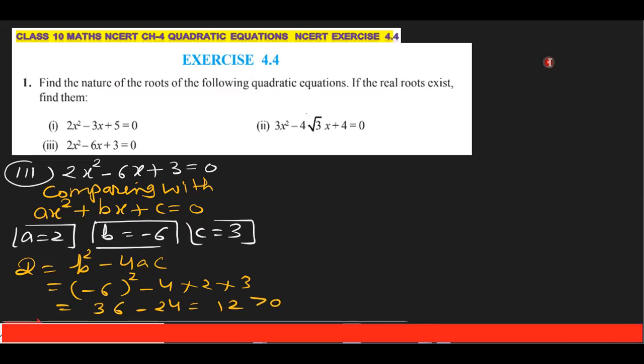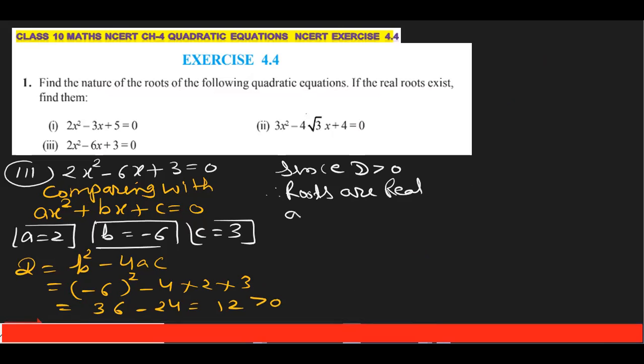So therefore we can write, since discriminant is greater than 0, therefore roots are real and distinct. इसके जो रूट्स हैं वो रियल भी है और डिस्टिंक्ट भी है, अलग अलग भी है.